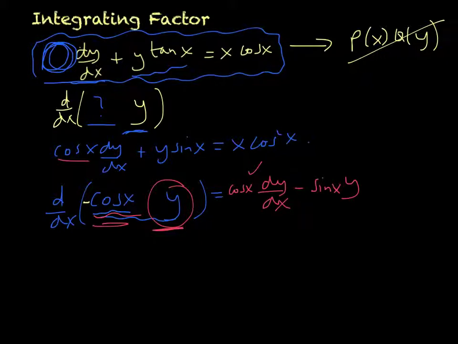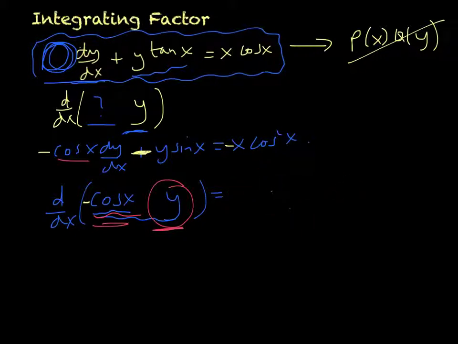Let's test that. Well, if the minus cos x is there, maybe I need to times everything by minus instead. Let's try this one. Minus cos x dy by dx minus y sin x. And then I'm going to make this thing minus cos x here. So let's try this again.